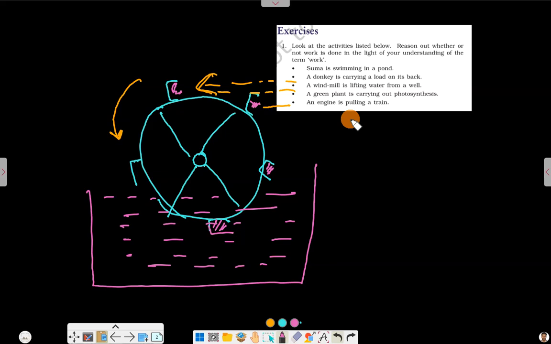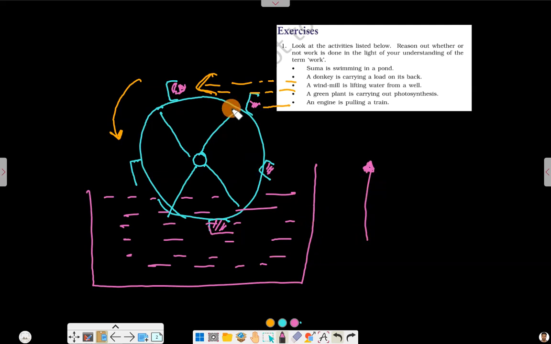so here we have to find out whether there is any work done. It depends, because suppose some water was here, the windmill rotates and the water reaches here, so its displacement is in the vertical direction.